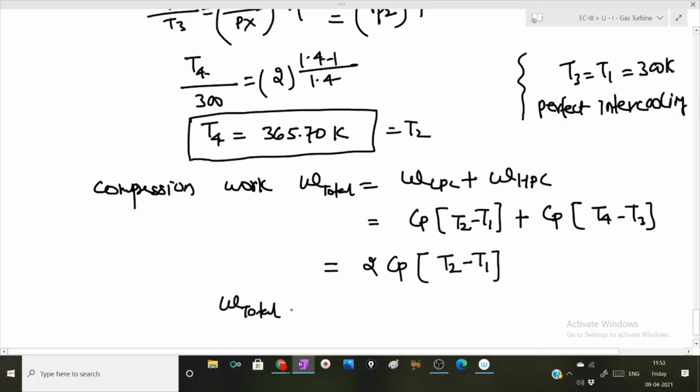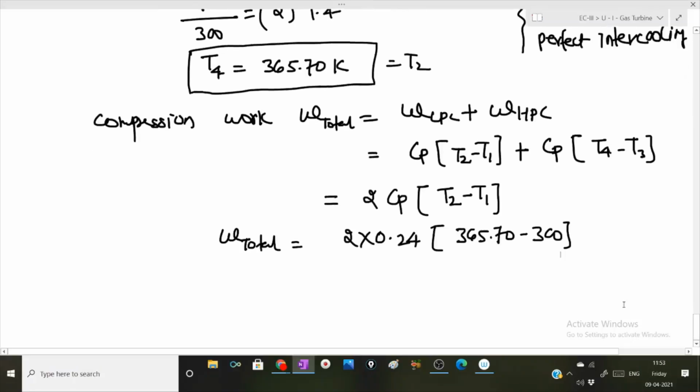So total compressor work will be twice into 0.24 into 365.70 minus 300. So I will get the value of total compressor work. Let's put suffix C here, otherwise you will get confused.